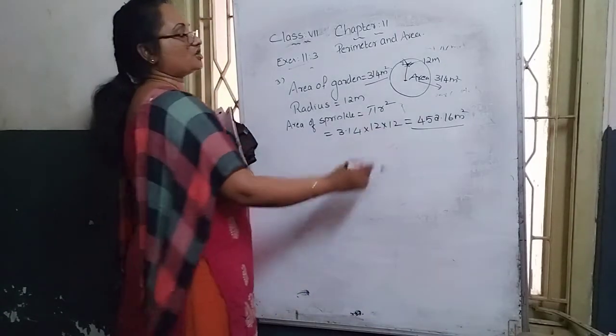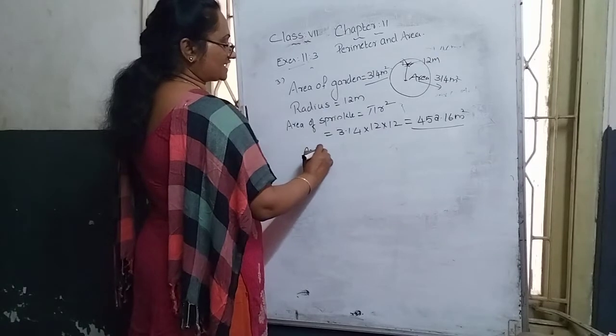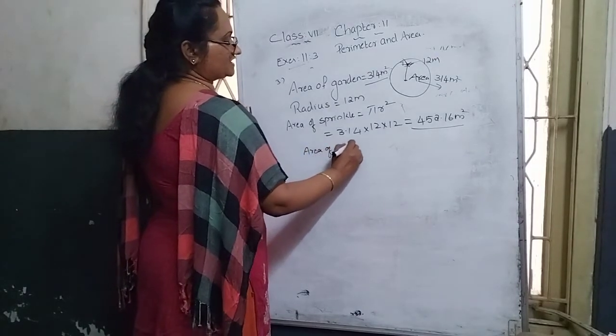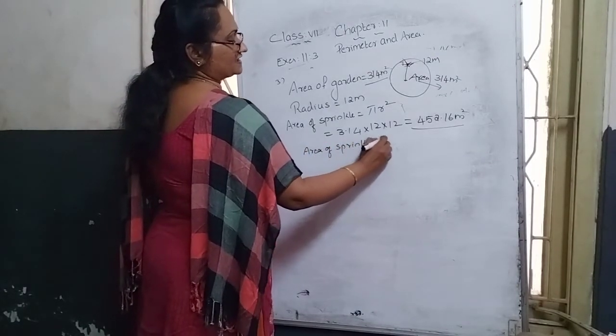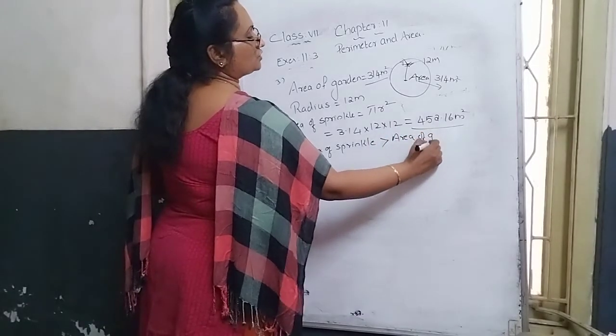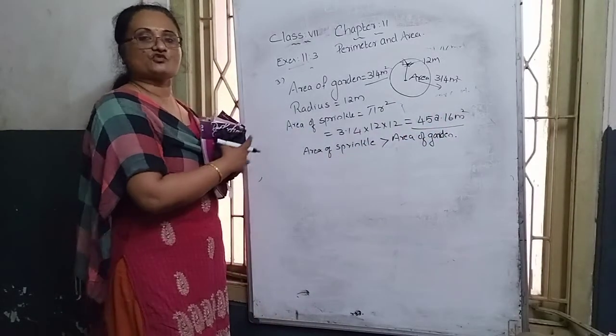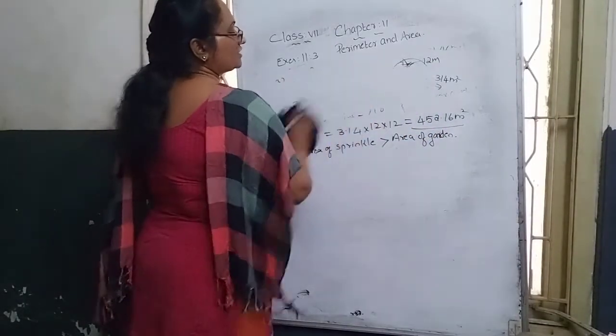That means the area of the sprinkler is greater than the area of the garden. That's why it is possible to pour the water throughout the full area of the garden. That is the meaning of this question.